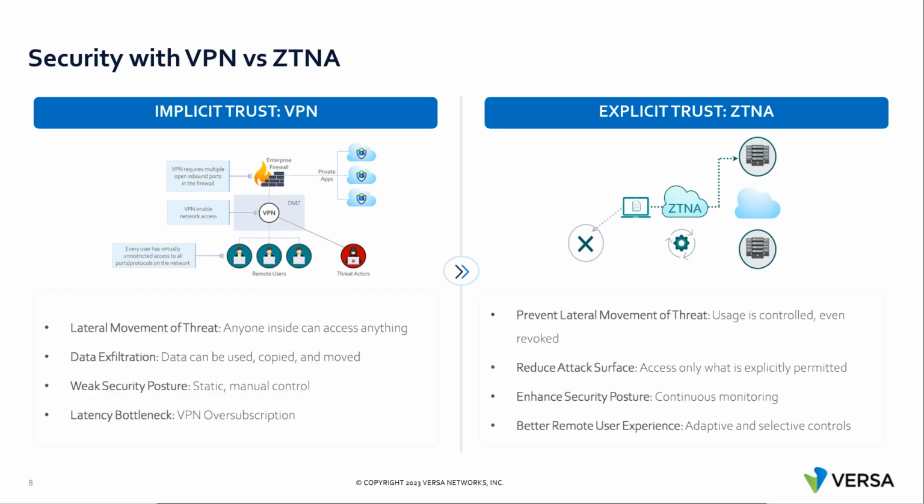And as you have a very clear vision of who is going where, it's an enhanced security posture because you can do continuous monitoring. And last one, because not everyone is going to try to get in and you have selected the users, you have a better remote user experience, because traffic routing to specific applications can be optimized for the users who need it, from the get-go itself.